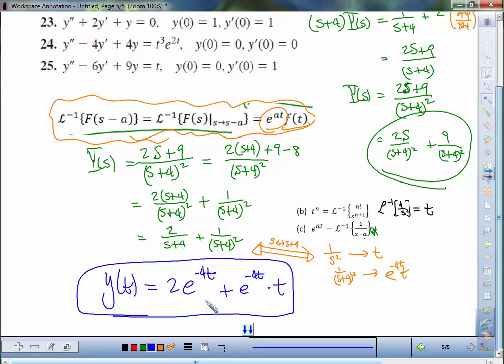It's like making your S look like something, S plus 1, S minus 4, or whatever. The theory behind it is definitely calculus. The transformation requires integrals, and we're dealing with derivatives. But in the S world, it's algebra, and it's algebra that you can rewrite so that you can use those transformation rules back. Okay?